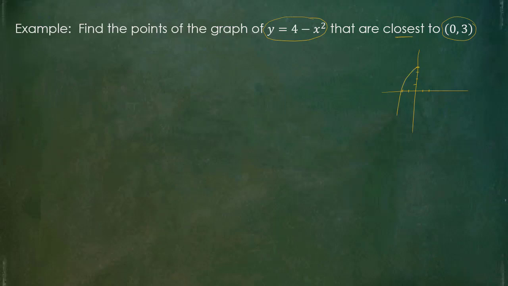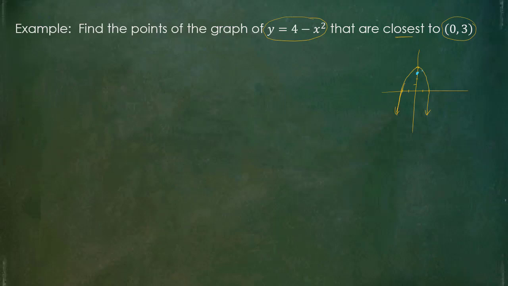So it would essentially be a parabola that opens down like so. And then the point 0, 3 would be this point that's directly below that vertex.